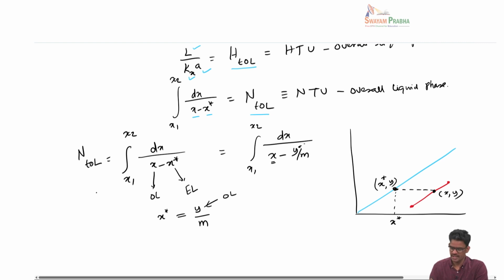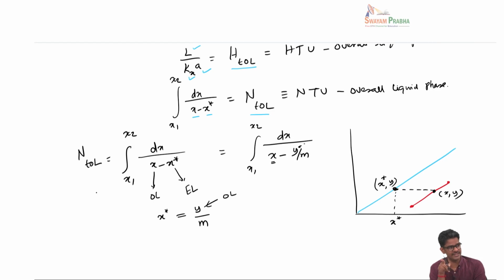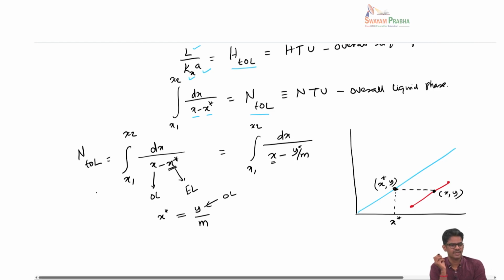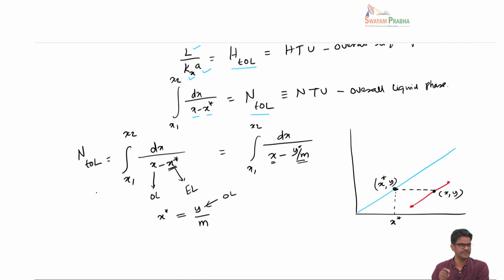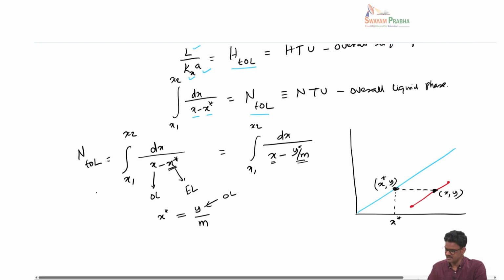both x and y have to be chosen from the operating line. Now we already know how to relate x and y from the operating line, because we can write a mass balance. I can get an expression relating x and y in the operating line. Okay, so what we have done is the equilibrium liquid phase composition is obtained through the equilibrium line using the gas phase composition, but here the gas phase composition is also from the operating line, because I said the y value here and here are the same.